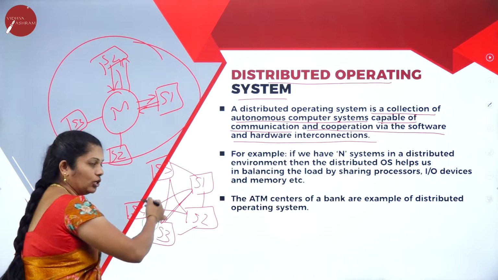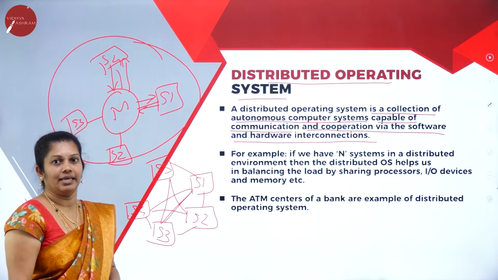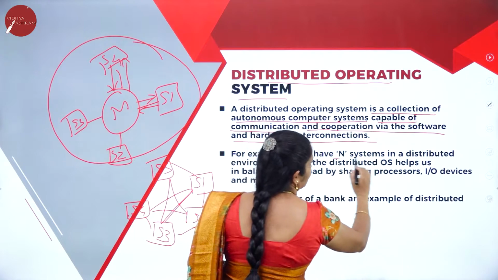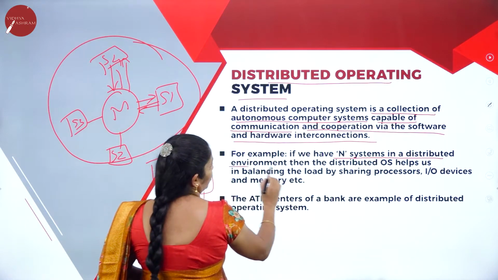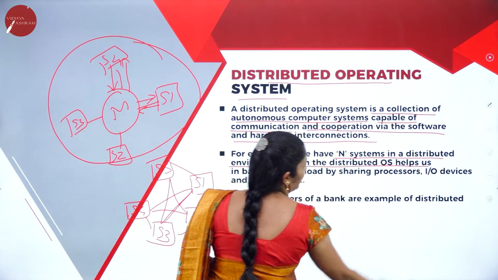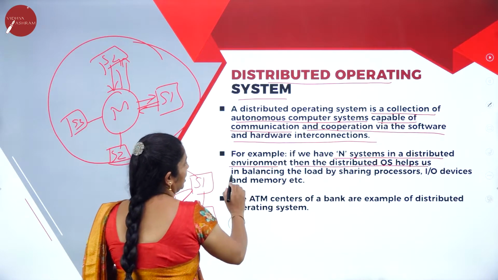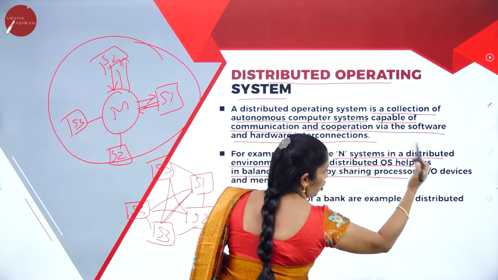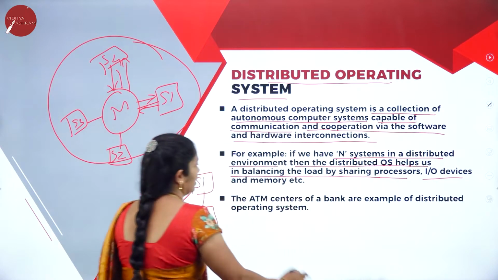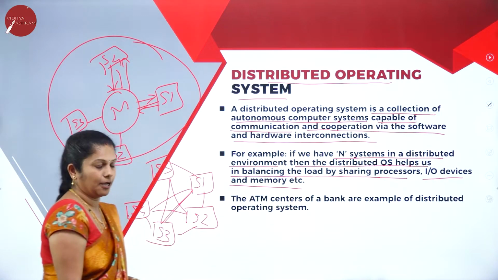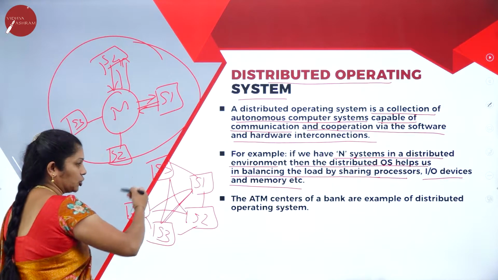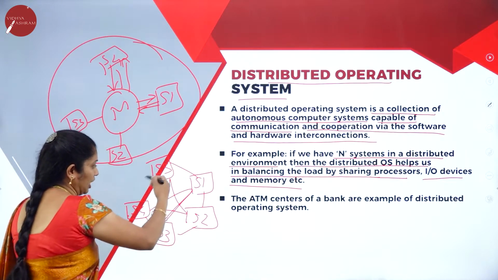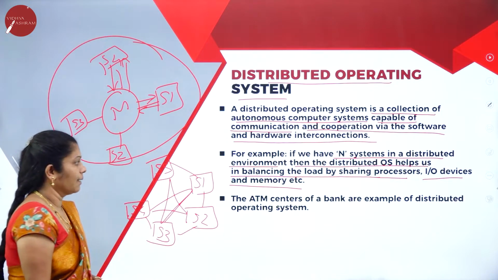Whatever transaction they want, they are able to perform directly. They have equal capability. For example, if you have n systems in a distributed environment, then the distributed operating system helps us in balancing the load by sharing resources such as processors, input-output devices and memory, etc. Whatever resources we have, whether it may be time or memory, they have equal capability to share that.